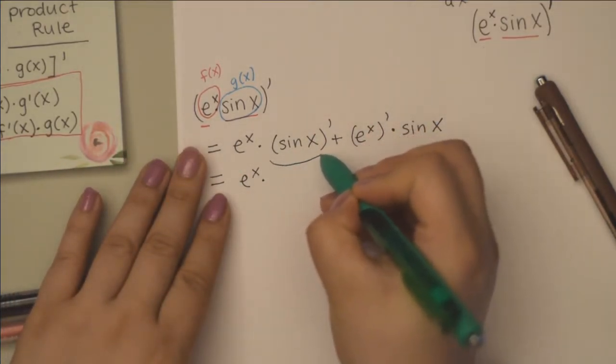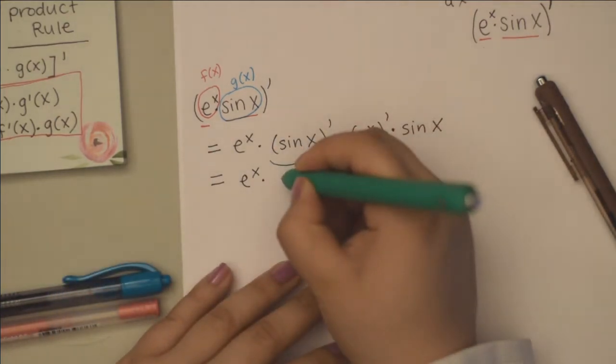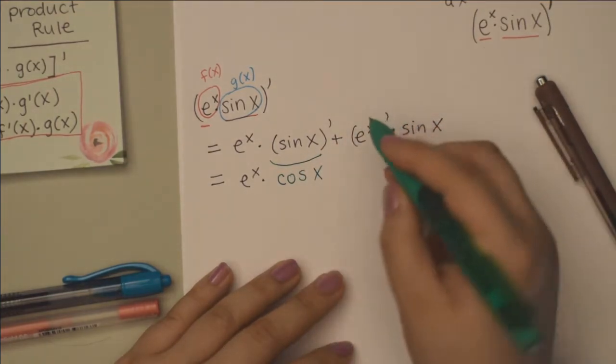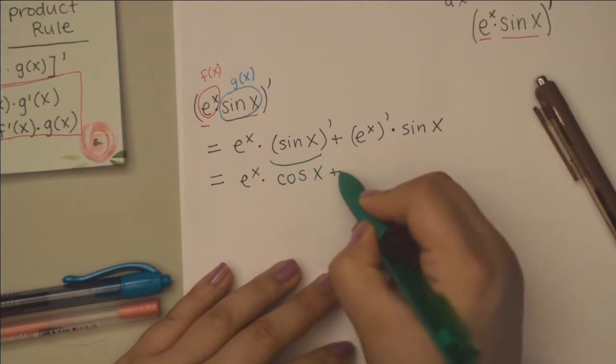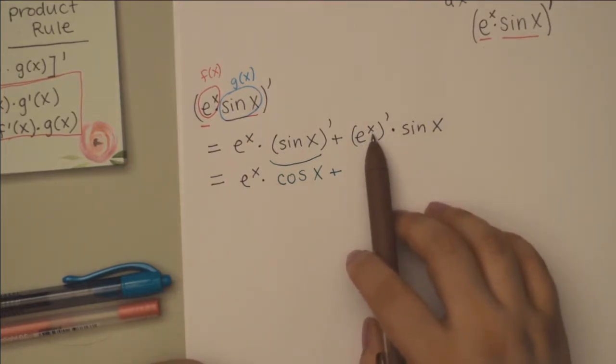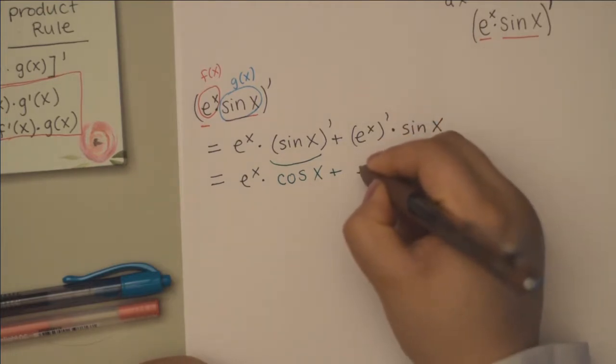But this is a trig function, and the derivative of sine of x is cosine of x. Okay, and then plus the derivative of e to the x. E to the x is e to the x.